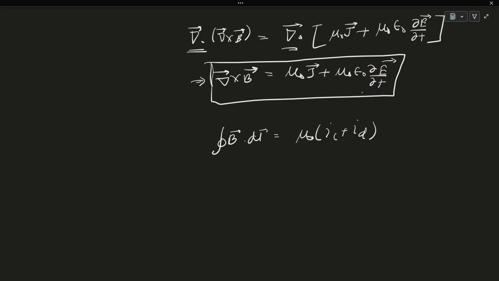So from here, Id will be what? This can be written as del cross B integrated over ds, right? So what can I write? Mu naught J.